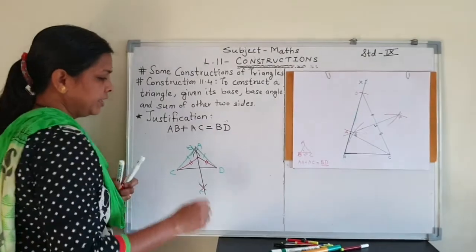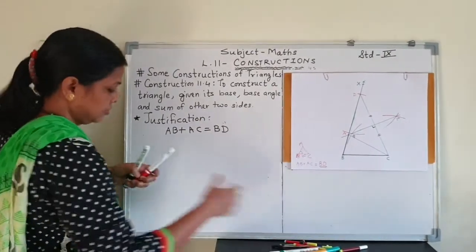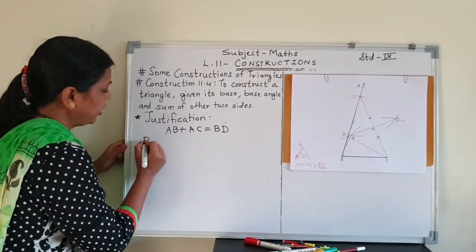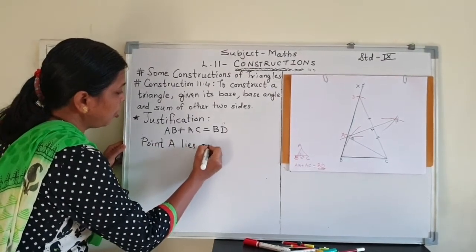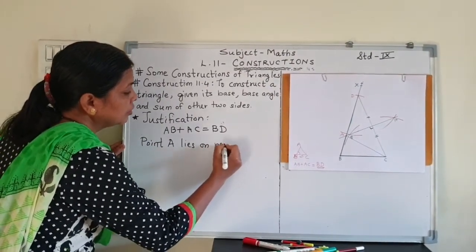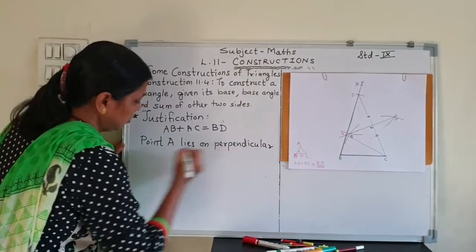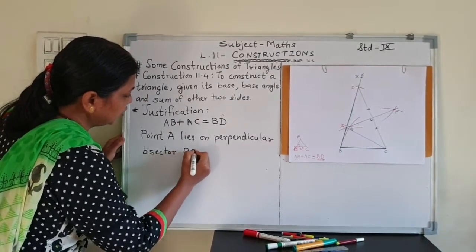Let's write that point A lies on perpendicular bisector PQ.